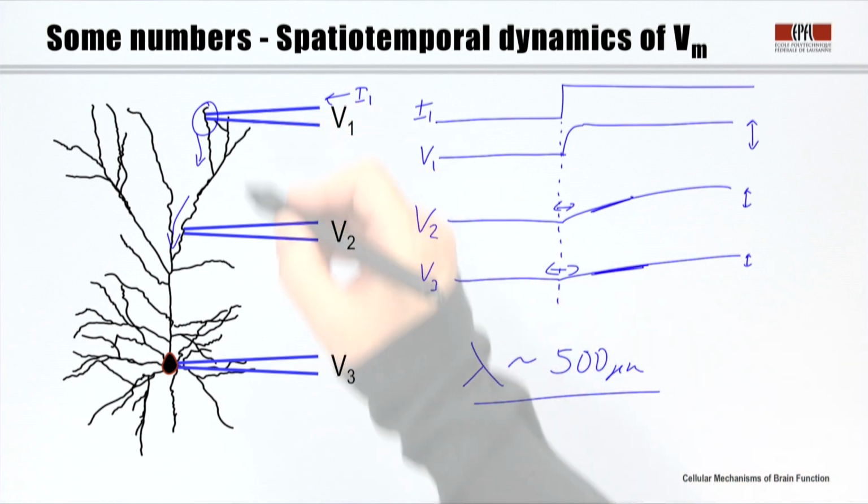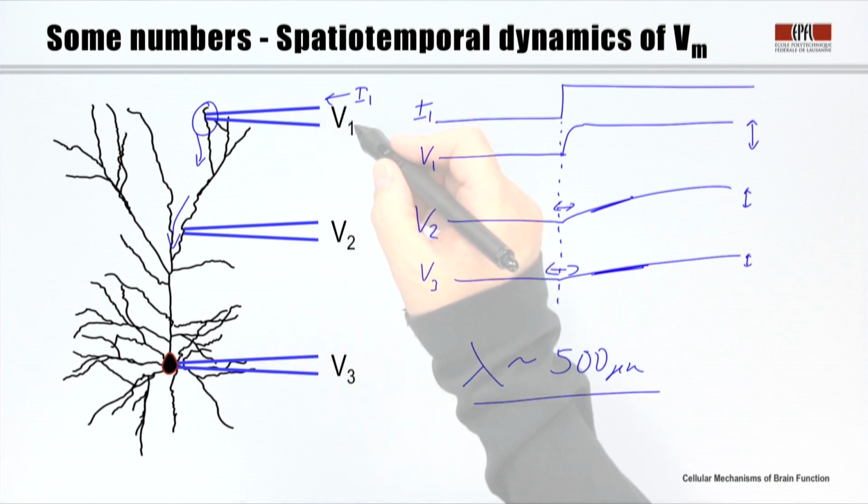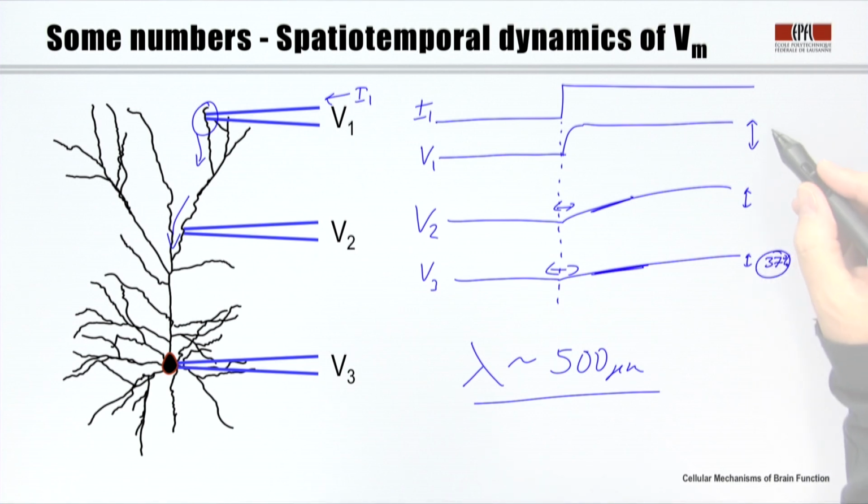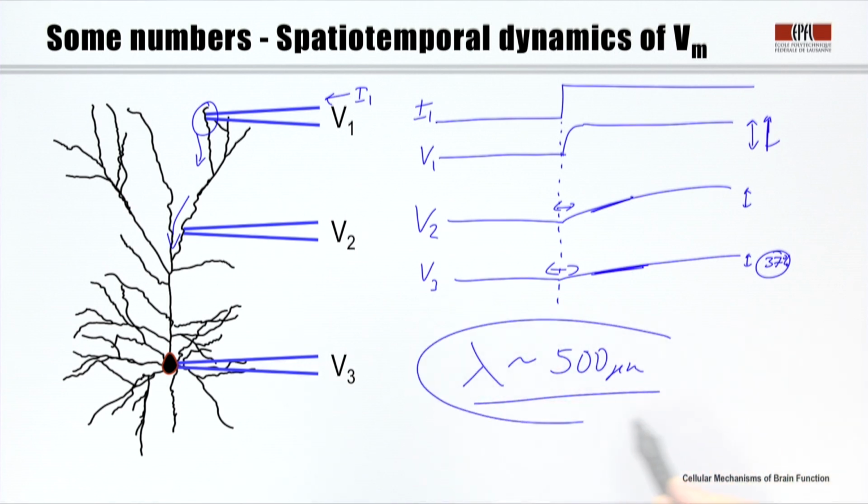And so if we imagine that there's 500 microns between recording electrode 1 and recording electrode 3, we can then say that this change in membrane potential will just be 37% of the steady state membrane potential reached here at this point in the neuronal arborization. The length constant of neurons then being on the same scale as the arborization of a neuron, we realize that there's a considerable impact upon the steady state membrane potential across this neuronal arborization.